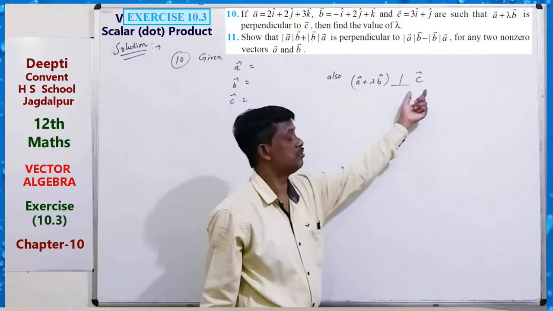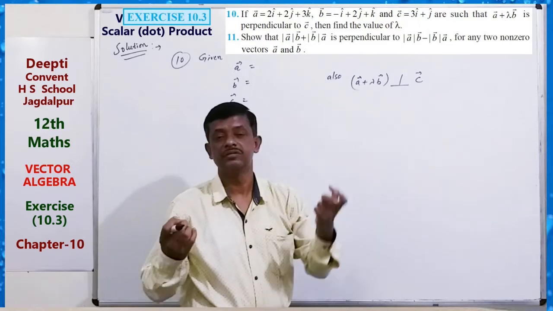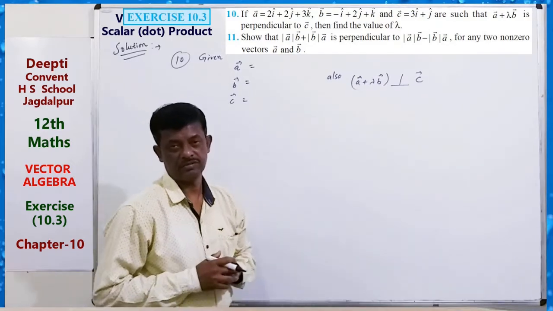This is perpendicular to this, which means this dot this equals 0.